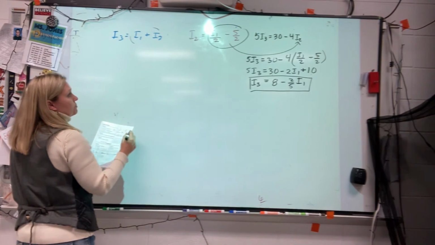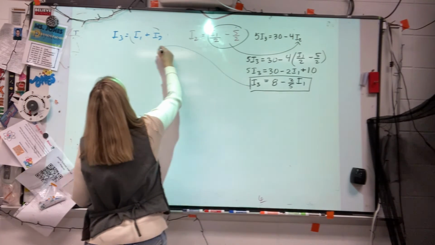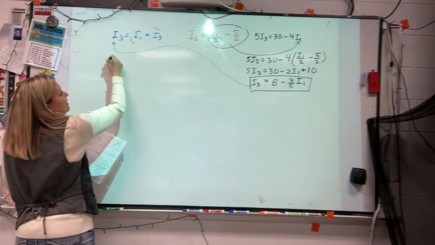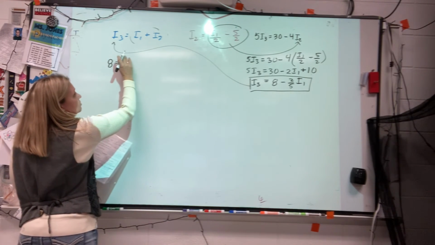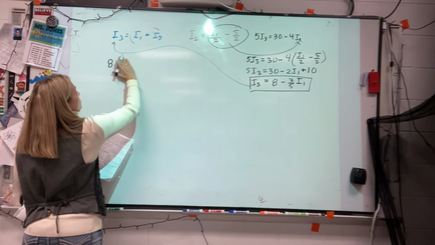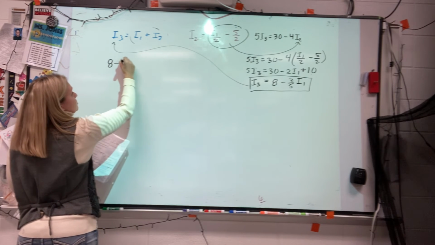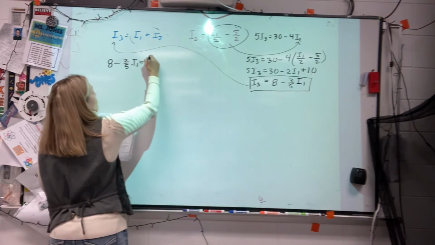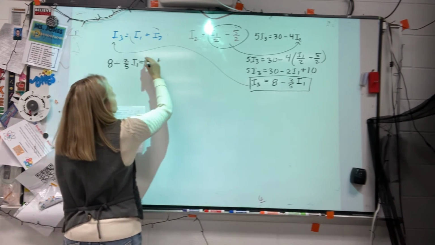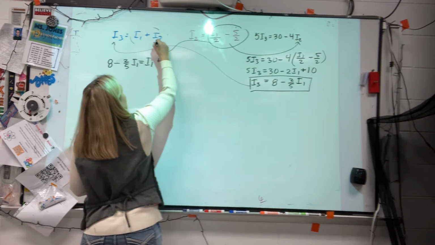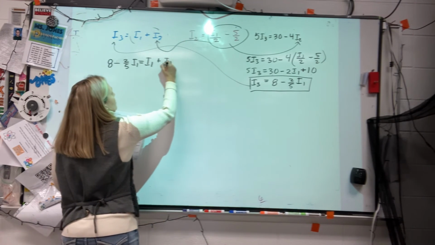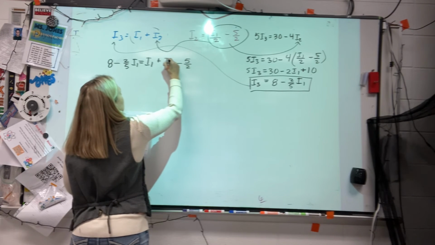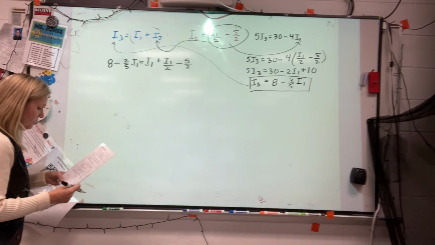See I3? 8 minus 2/5 I1 equals I1 plus I1 over 2 minus 5. And you have to write clear enough that you don't mix up your numbers and letters.